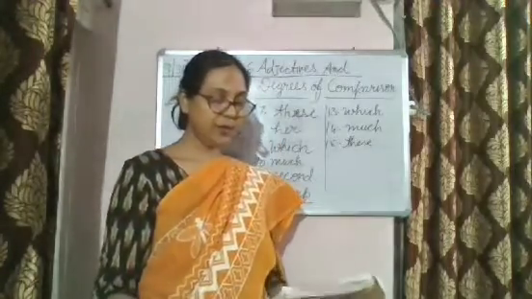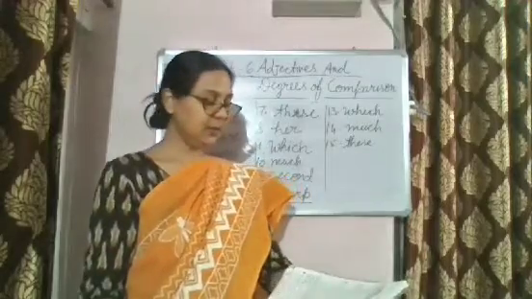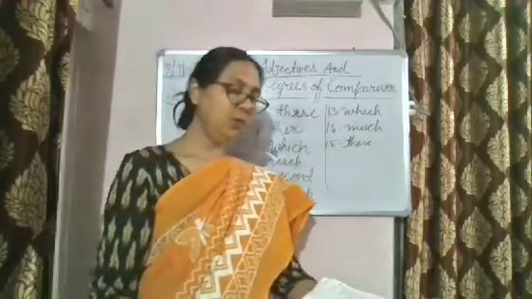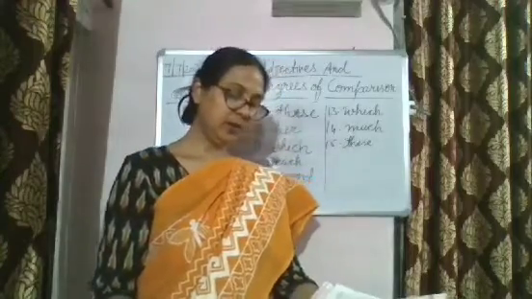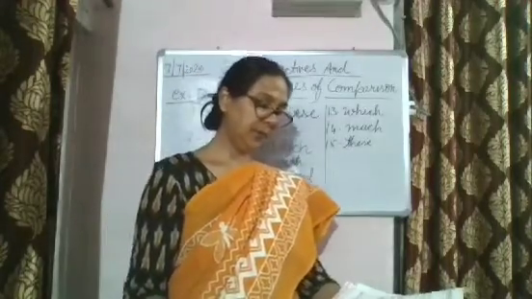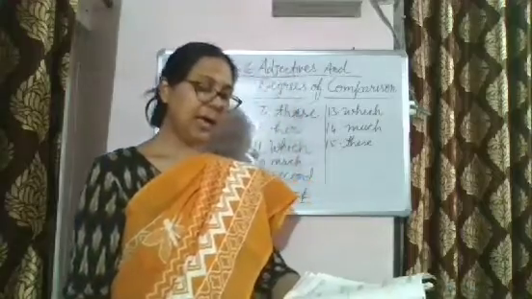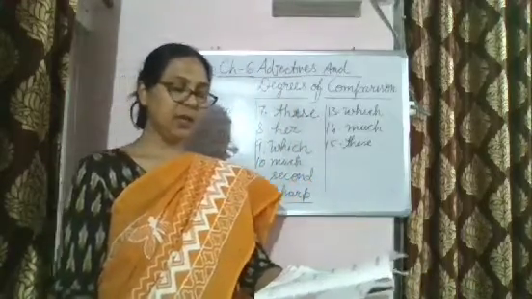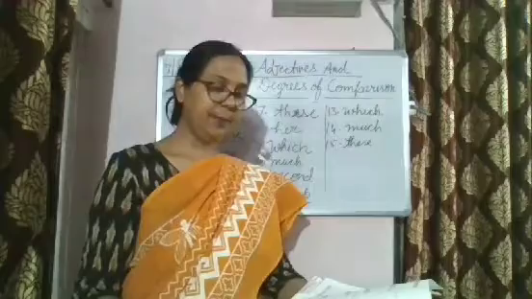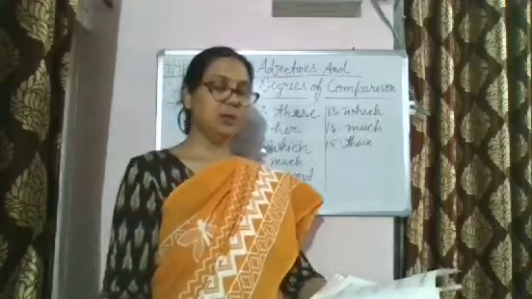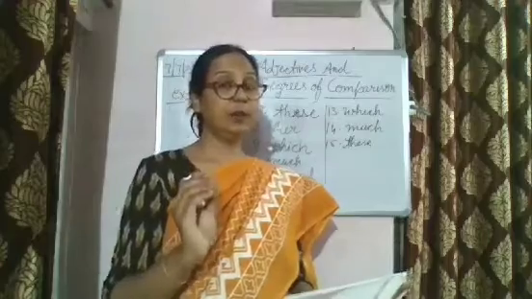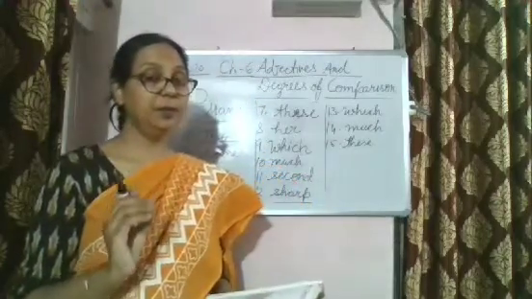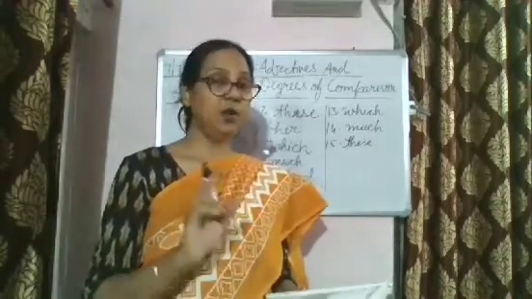So we have completed this exercise number C and D, and we are moving to page number 33. Page number 33. Identify the adjectives and name the degree of comparison of each. We have to write which type of the degree of comparison is there, and we have to underline it also.